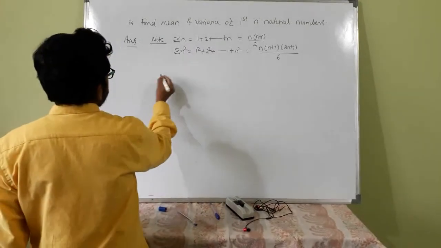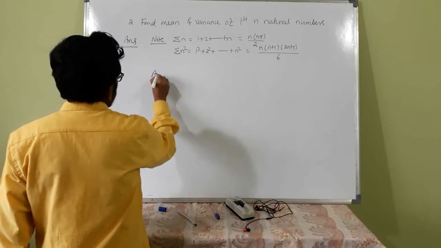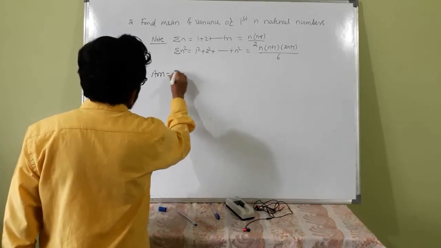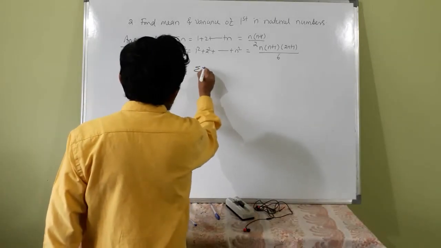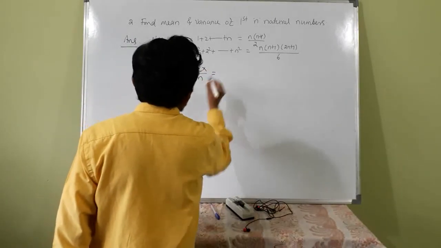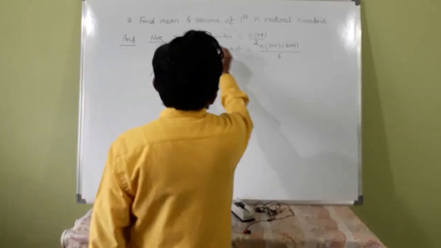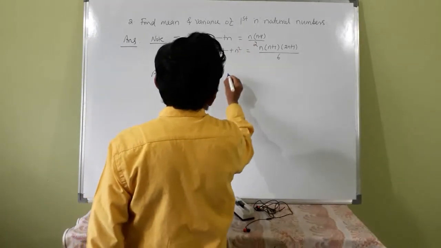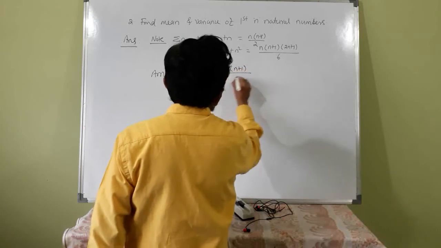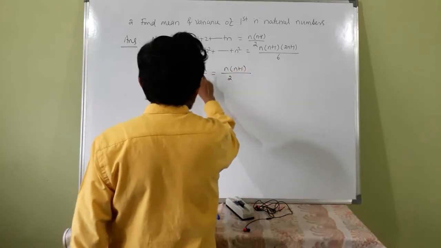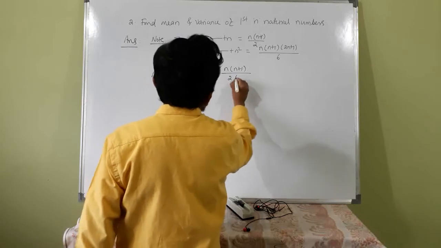So arithmetic mean is equal to x bar, summation of x by n. Summation of x here means 1 plus 2 plus so on up to n, that is n into n plus 1 divided by 2. This is summation x and this n.